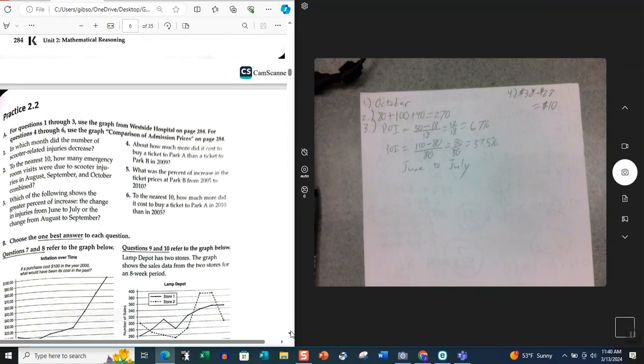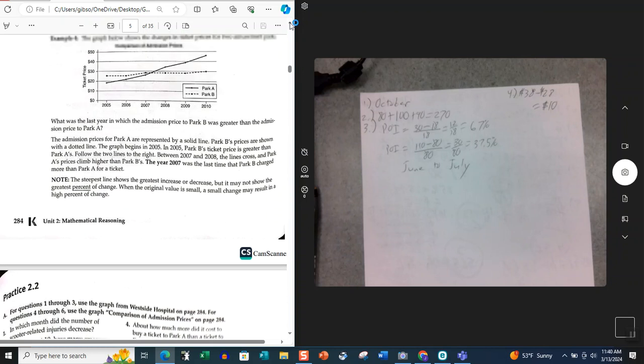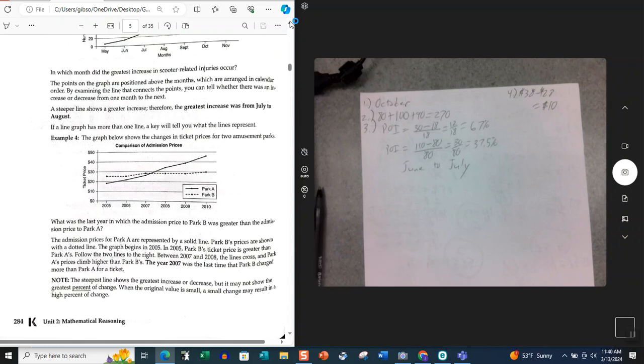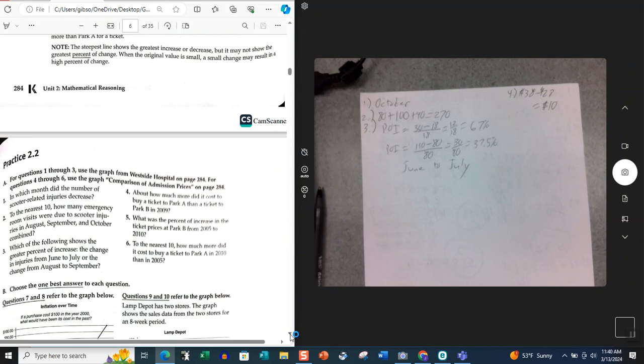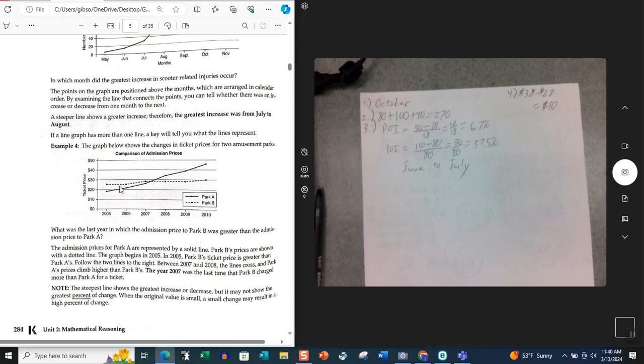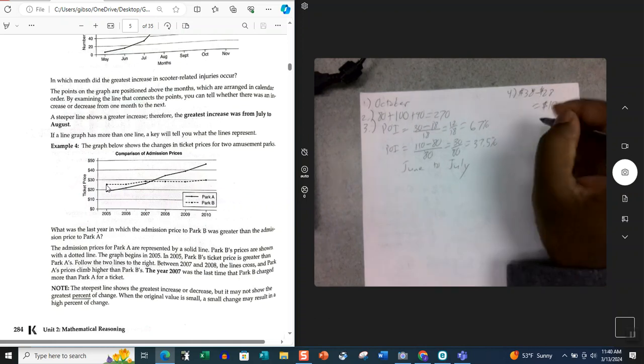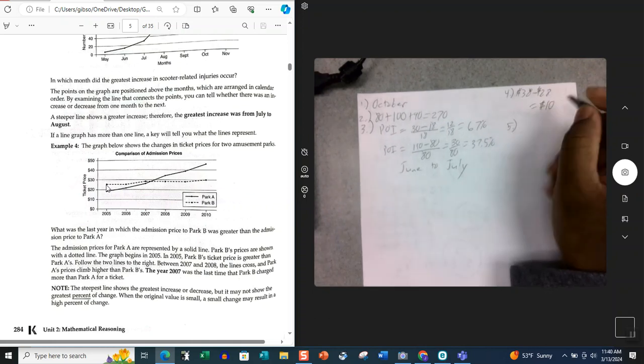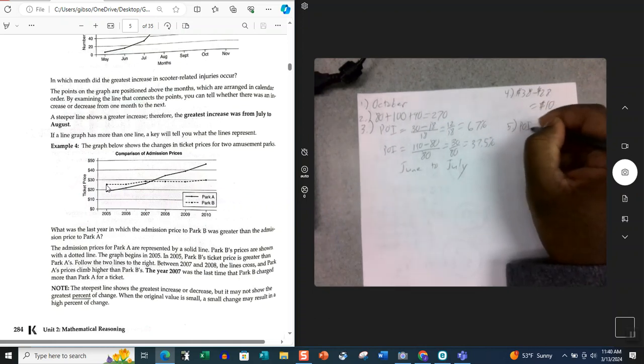Problem number 5, it says, what was the percent of increase in the ticket price at Park B from 2005 to 2010? So 2005 is the old value. And I believe it said Park B. Yes, Park B. So 2005, if we look at Park B, it looks about $25. So we're trying to do the percent of increase.